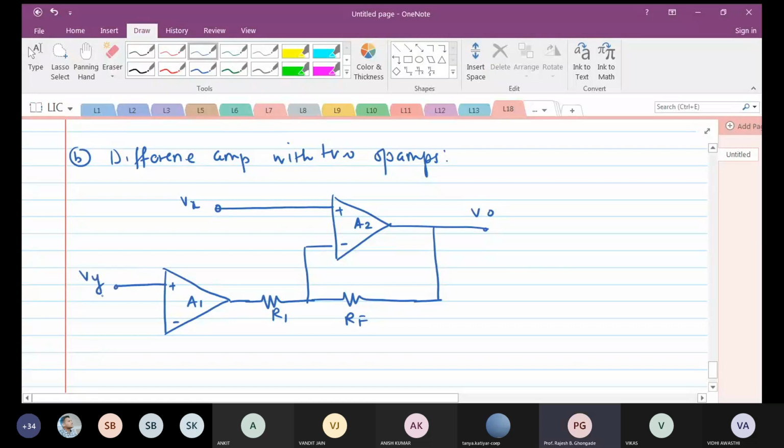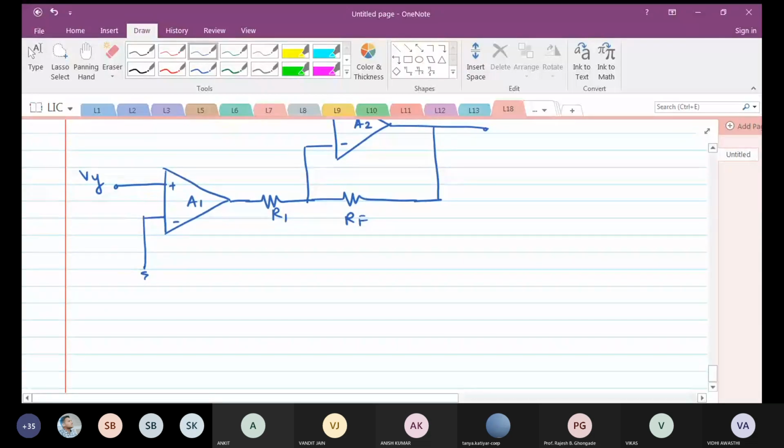This is another input. Don't get worried about so many resistors here.